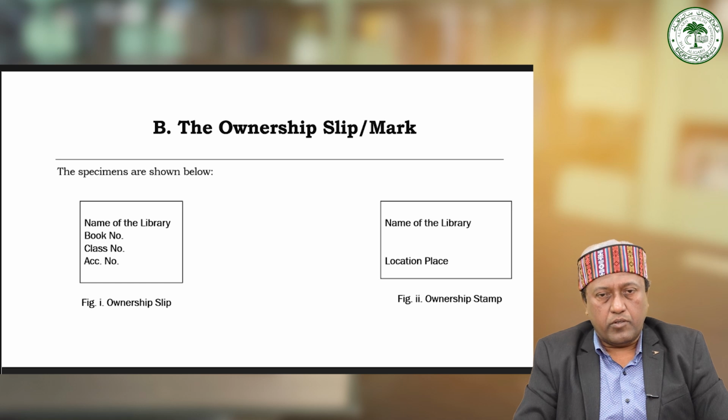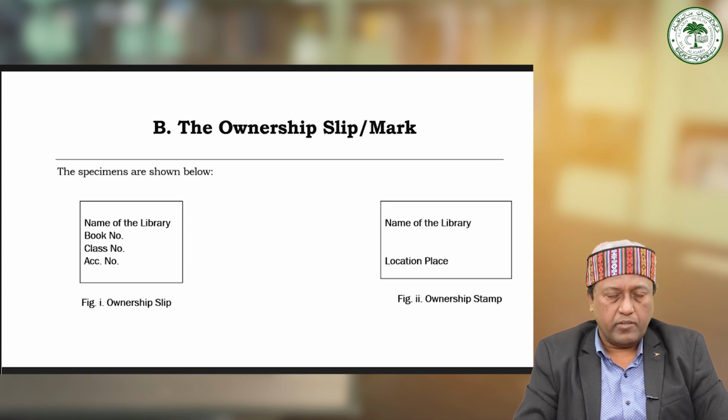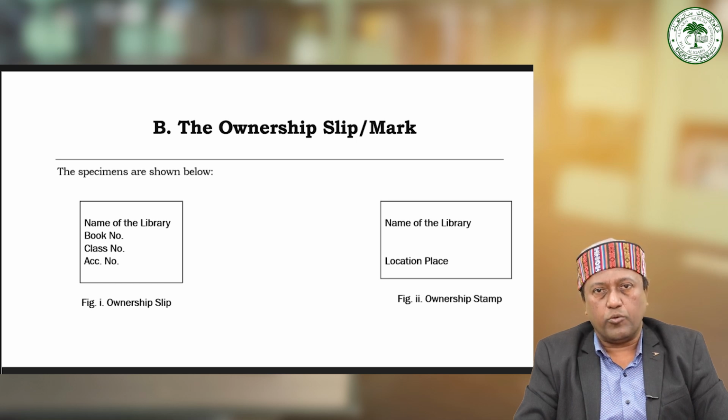Second, this slip you can see is the ownership slip, or ownership mark. This slip or stamp is prepared and has to be embossed at various places in the book. You can see that the name of the library should be there, book number, class number, and accession number.